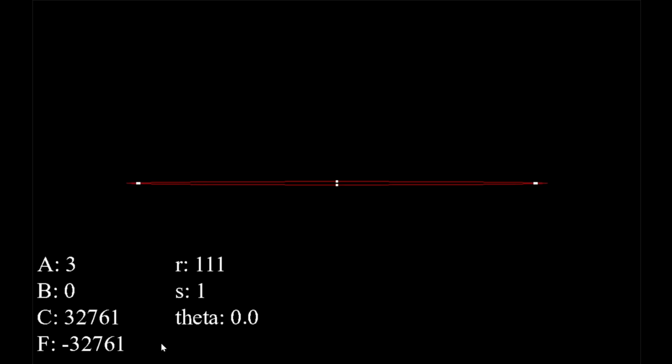So something's definitely going wrong there. And if you look at the A, B, C, F values on the left here, you can see exactly what's going wrong. Basically, we need fractional values here. The difference between A equals 3 and A equals 4 and A equals 2 is really quite a big jump.